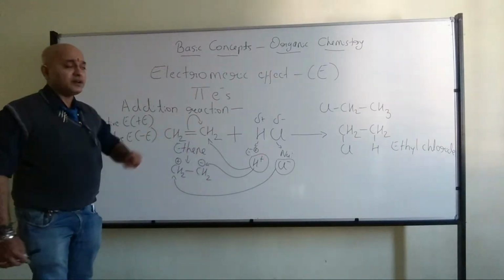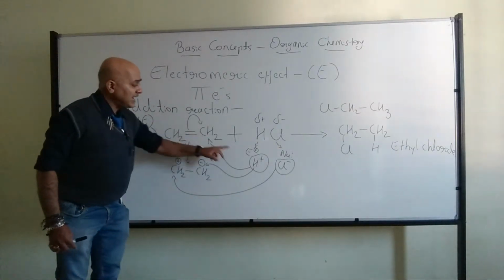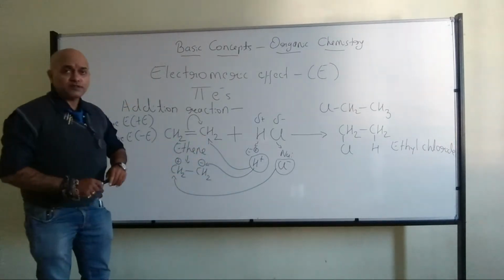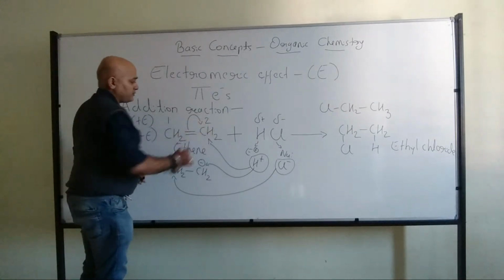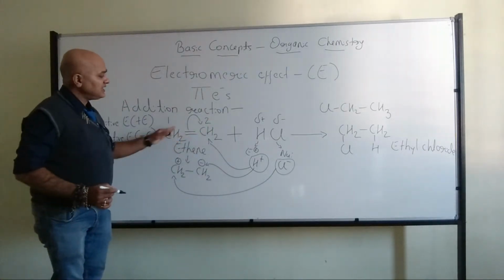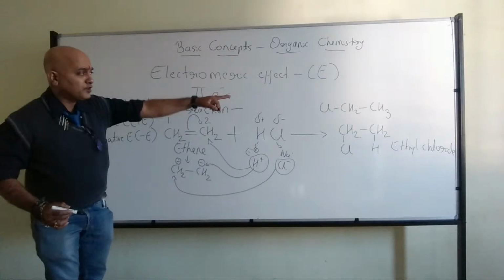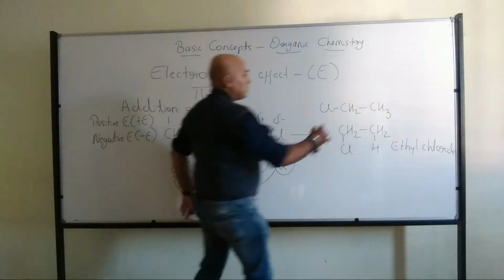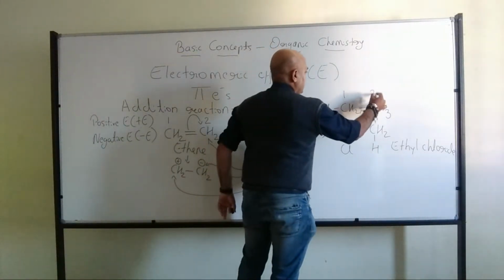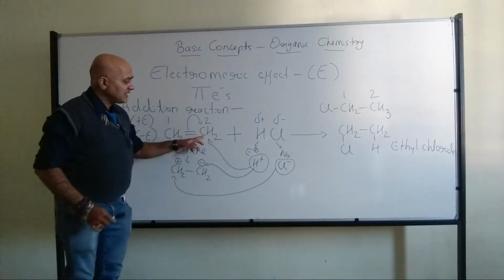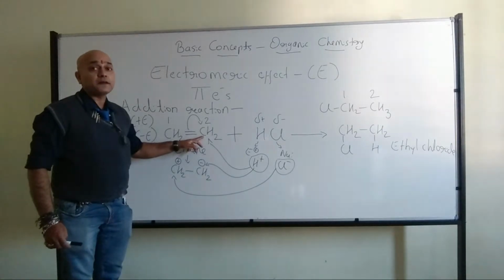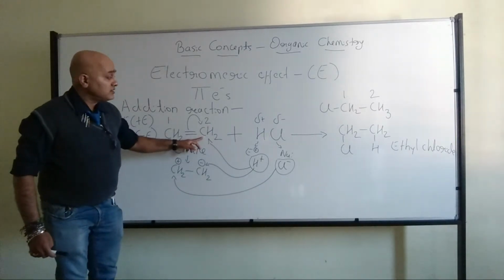For example, now hydrogen is attacking this particular carbon. If I want to number it, I will number it as 1 and 2, because here chlorine should get the priority. So H plus is attacking the second carbon. Now to which side are electrons moving?